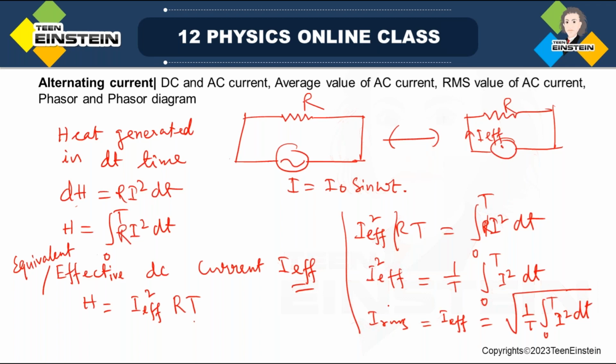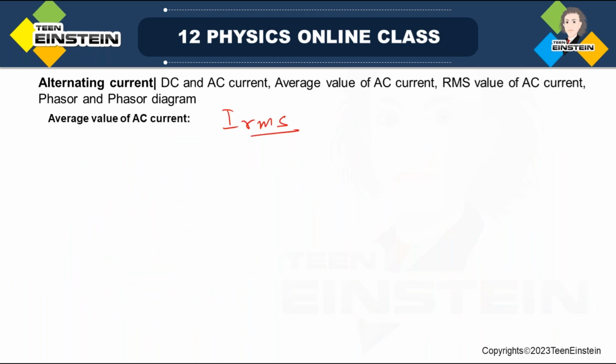So what are we getting? This inside value is the average of the square of the AC current.